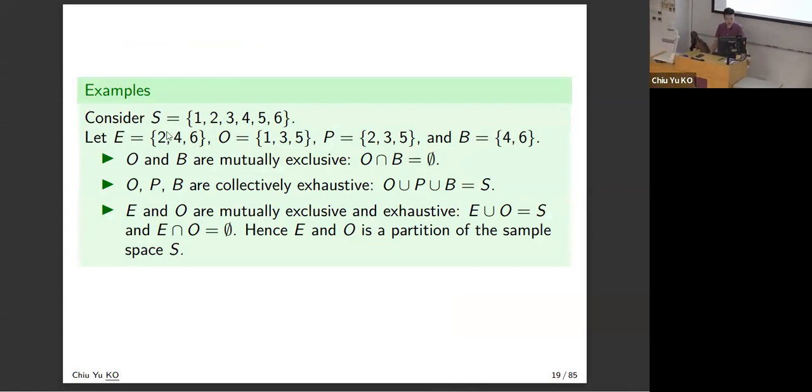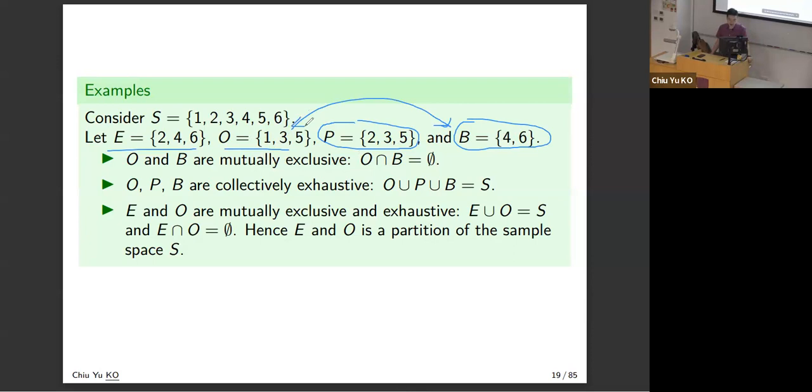So I have an even number, odd number, but now I have another new thing. It's called prime number, right? And it's a big number. Big and even, I don't know. It's B. I just make up a set called B. And first, we know O and B are mutually exclusive.